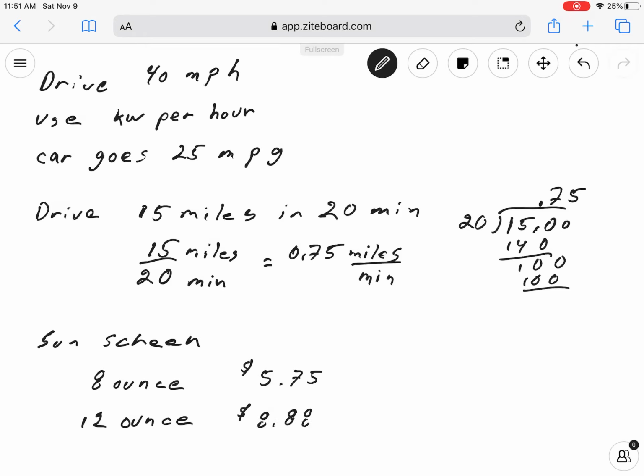So the only way to know which one is cheaper is to do it by ounce. We want to figure out what is the unit rate for these bottles. So we would take the dollars and divide it by the ounces.